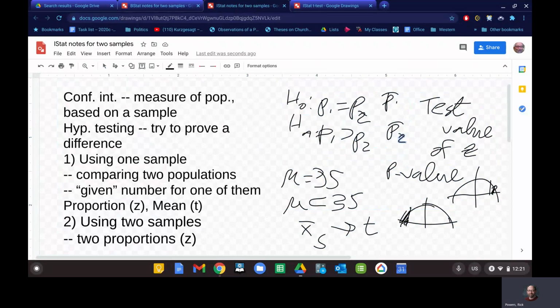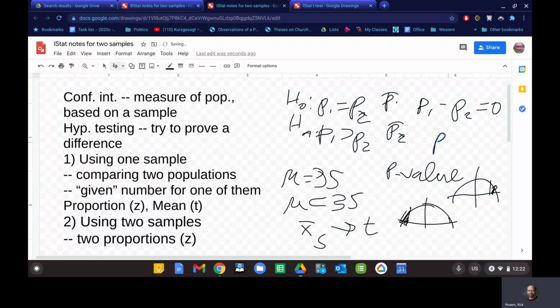what often happens here is that we don't use the actual P1 and P2 being equal to each other. What we're going to have is P1 minus P2 to be equal to 0.